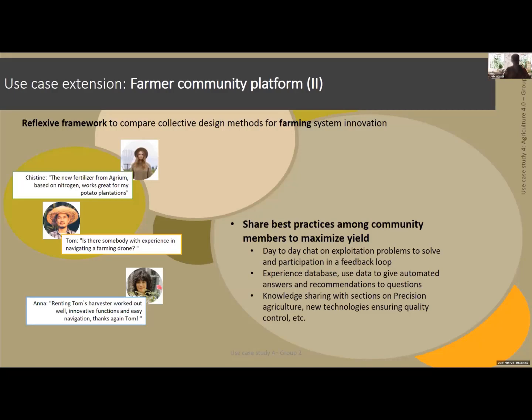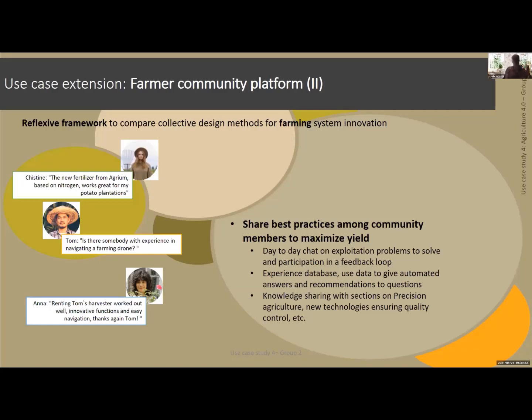And so, let's say, feed the experience database, use data to give automated answers when it's possible, but you also have the human face, and recommendation to the question.